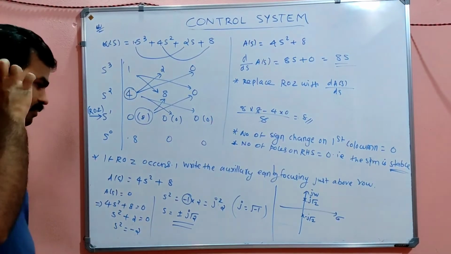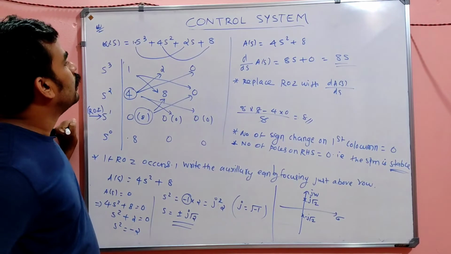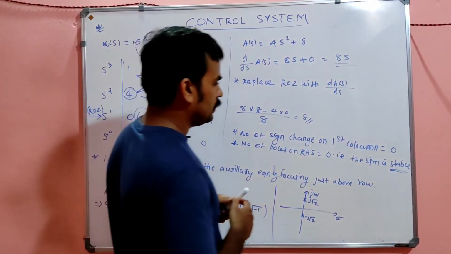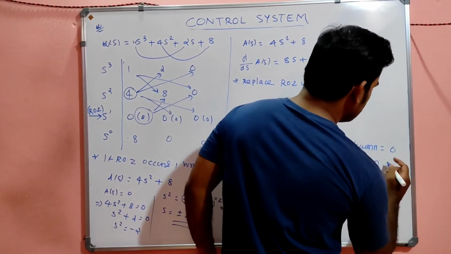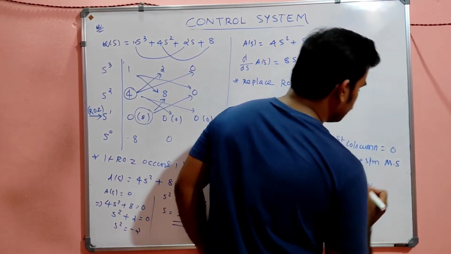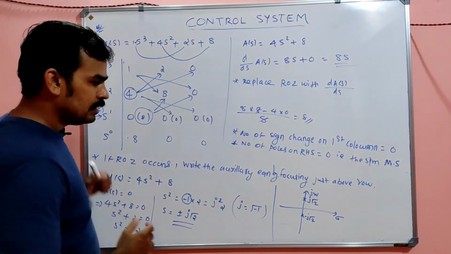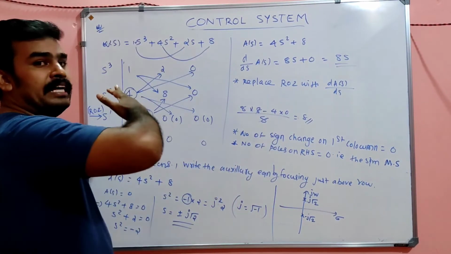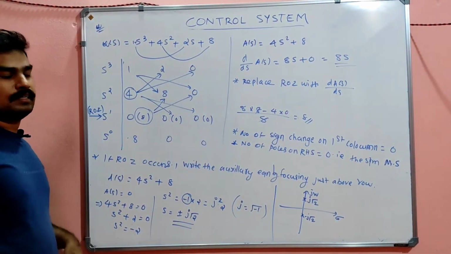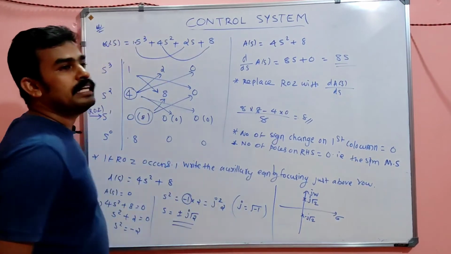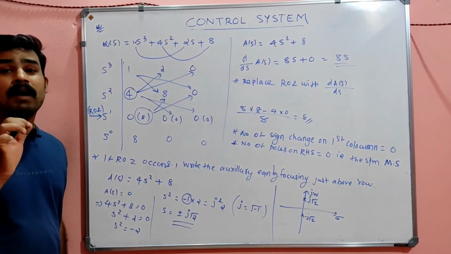And one more thing you have to know now, my dear. The system is marginally stable, not stable, marginally stable. Why? I already explained in the rules for determining stability that if there are any poles on the imaginary axis, the system will be marginally stable.